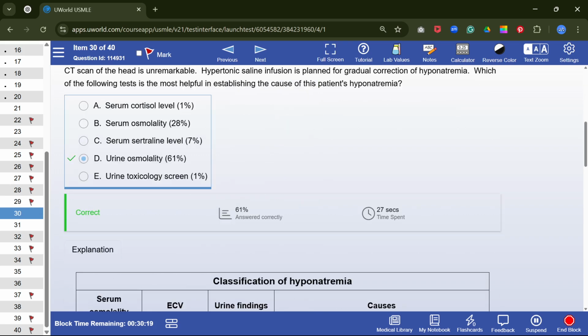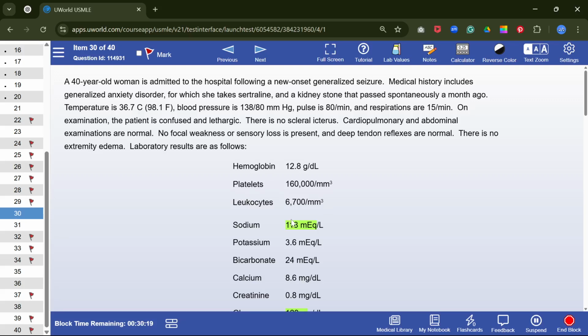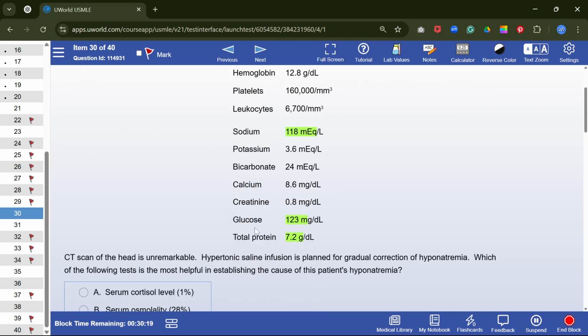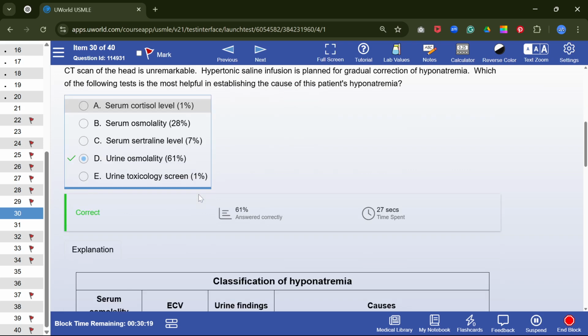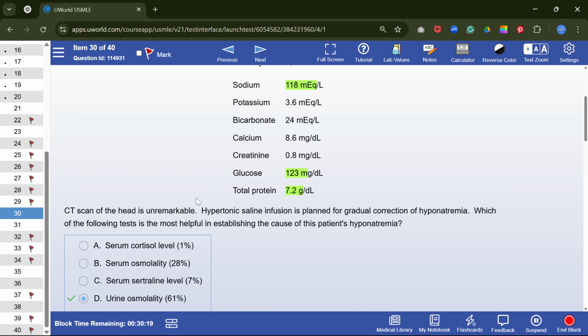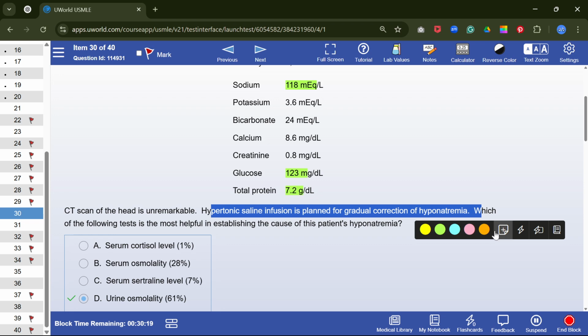Okay, finally look at this question. So first serum sodium, then serum osmolarity, then urine osmolarity. In here hypertonic saline is planned for gradual correction of the hyponatremia.